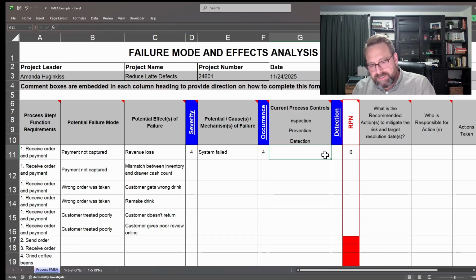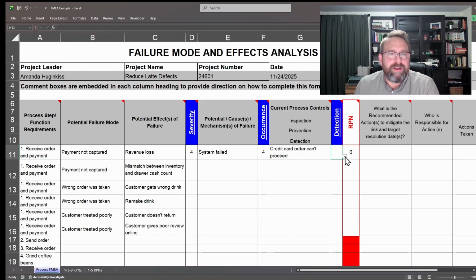So maybe the credit card order can't proceed. So that gives us a very detectable situation, right? So the person at the cashier can't go any further with the order because the system has failed. So is that a high detection or a low detection?